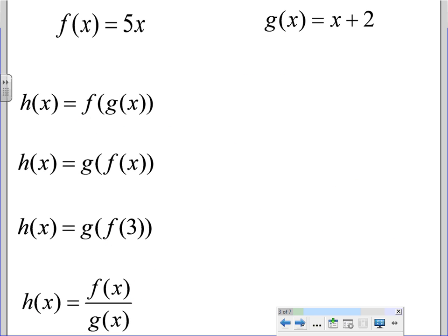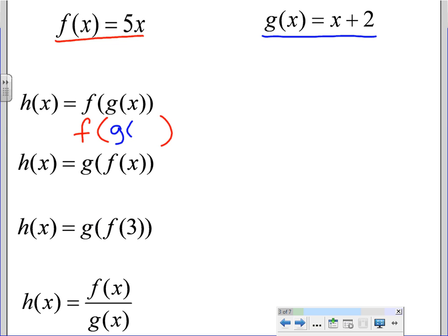Okay, now, on this slide here, this is where it gets a little more complicated. We're going to nest the function. And what I mean by that is, let's use again red for f of x and blue for g of x. Okay, so kind of follow along with the colors. When I see this, this is saying f of input. And what is my input? Well, my input is g of x.